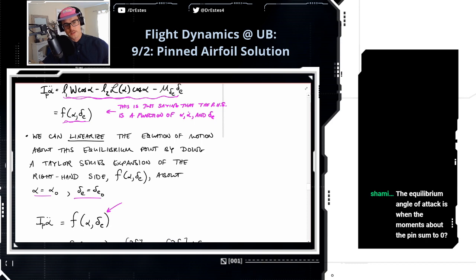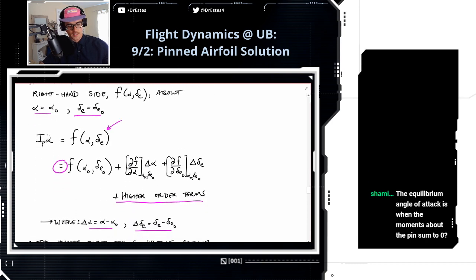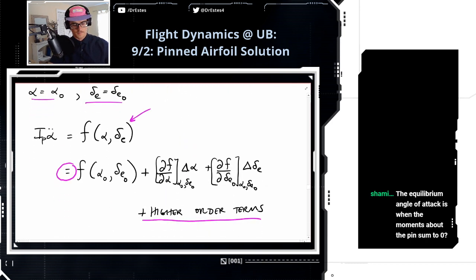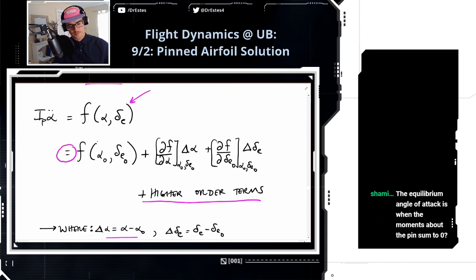And using Taylor series, you can rewrite f as the function evaluated at the equilibrium conditions plus some partial derivative terms and so on and so forth.